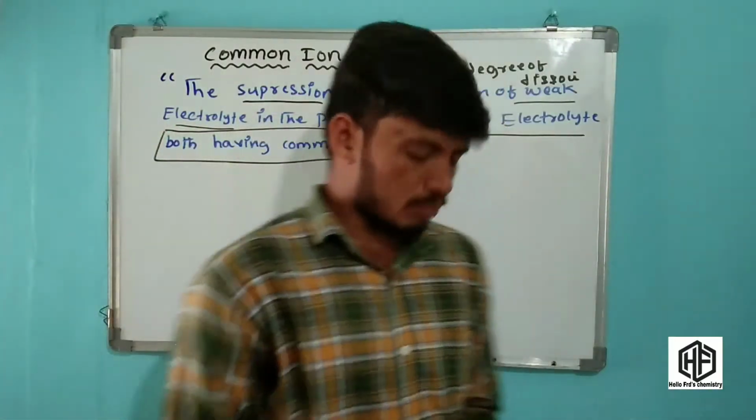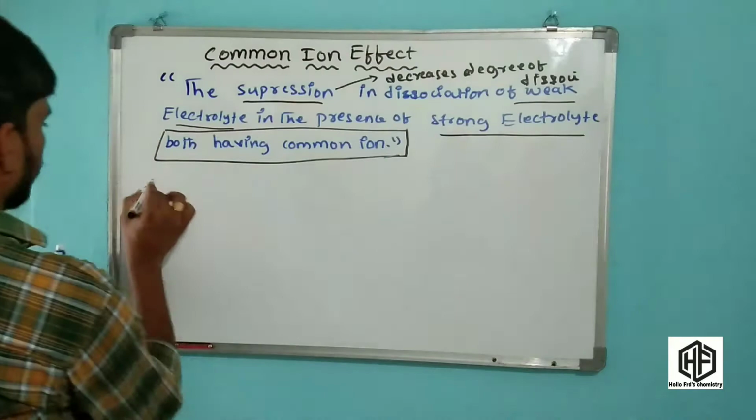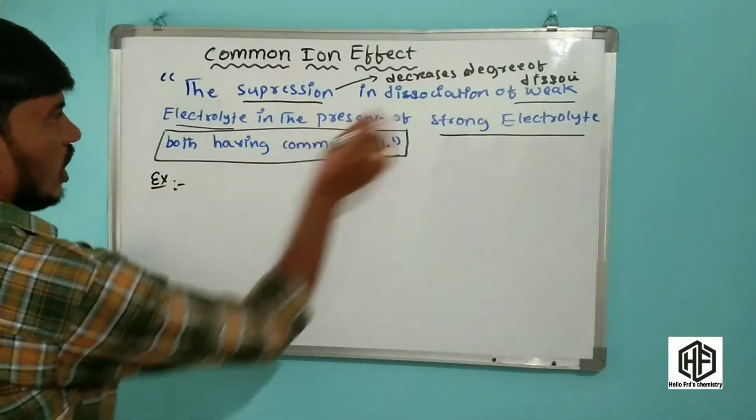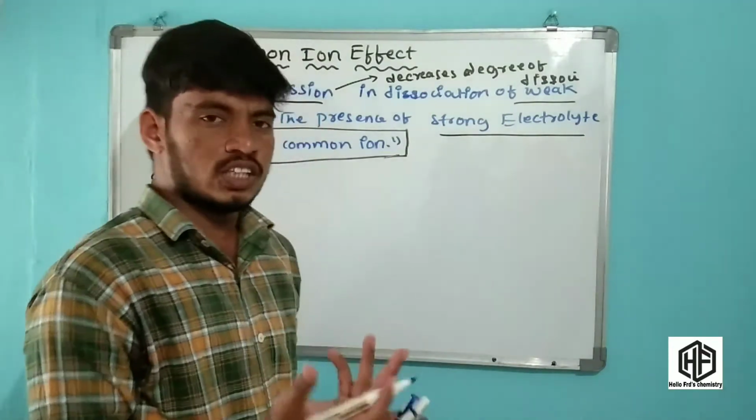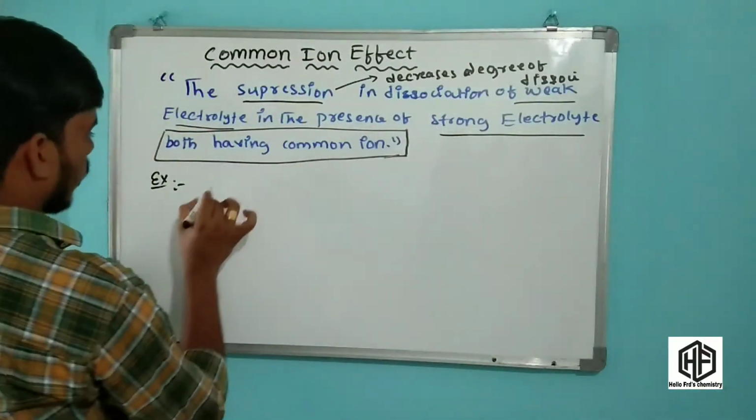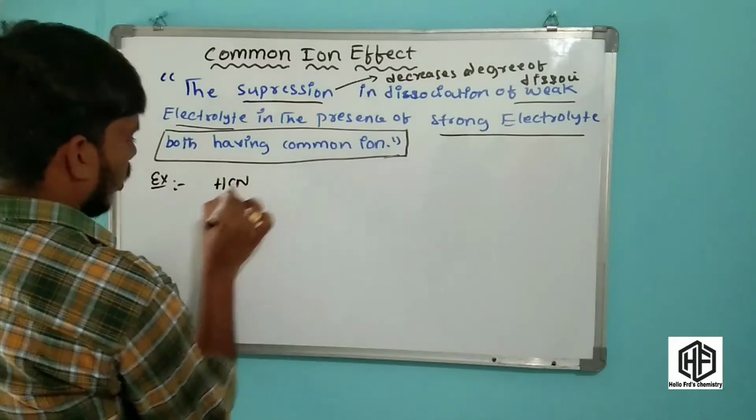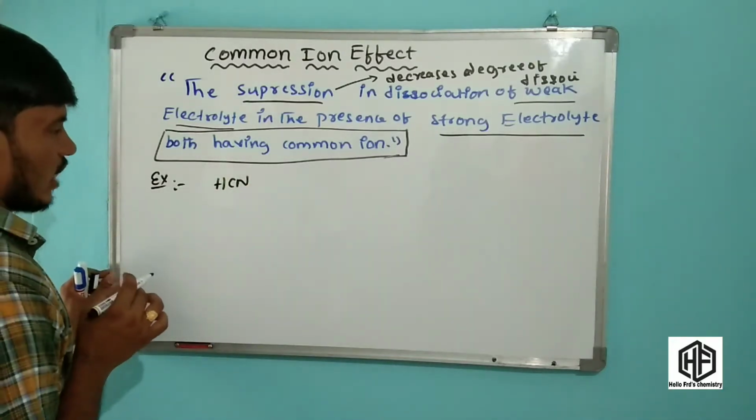Friends, some more examples. First, the weak electrolyte. You know from my previous class what weak electrolytes and strong electrolytes are. HCN is a weak electrolyte.